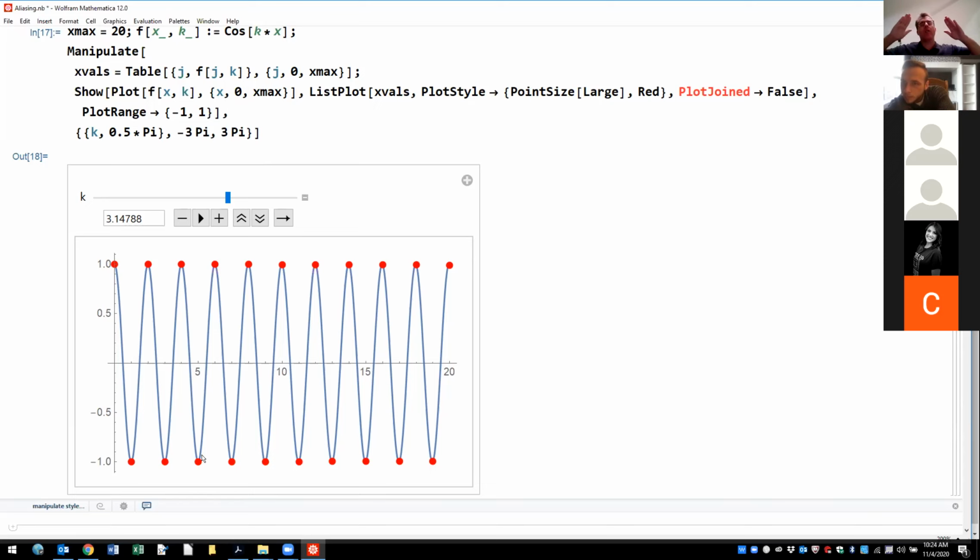It gets broader in the time domain, narrower in the frequency domain. And that makes it harder to get good resolution.